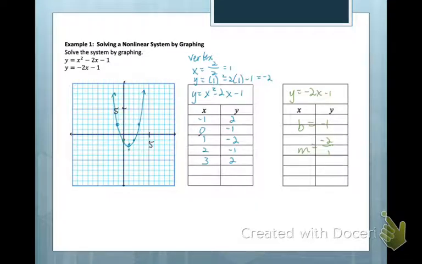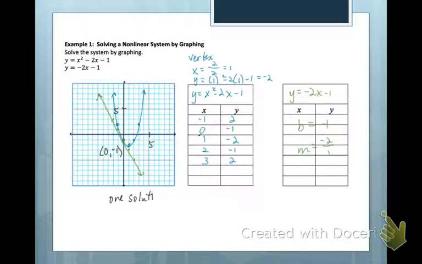Put our first point at our b value, negative 1, and then use the slope to plot the other points. We'll go down 2 and over 1, and up 2 and over 1 to the left. We can see by our graph and also in the table that there is 1 point of intersection. So there's one solution to the system, and it is the point 0, negative 1.